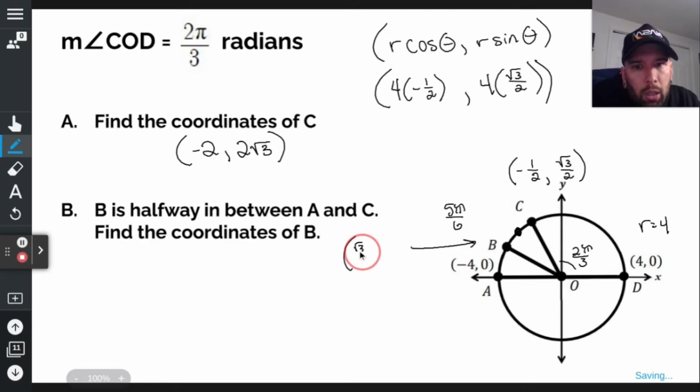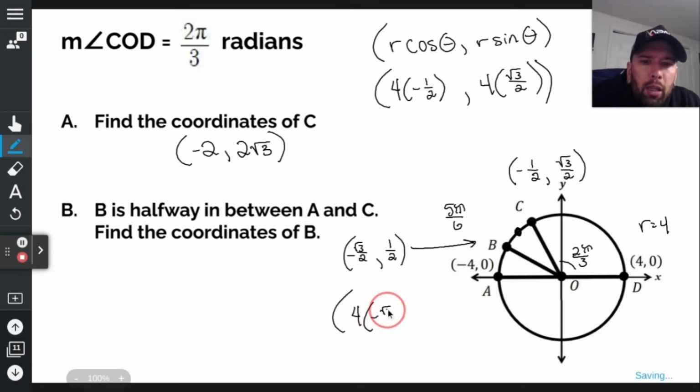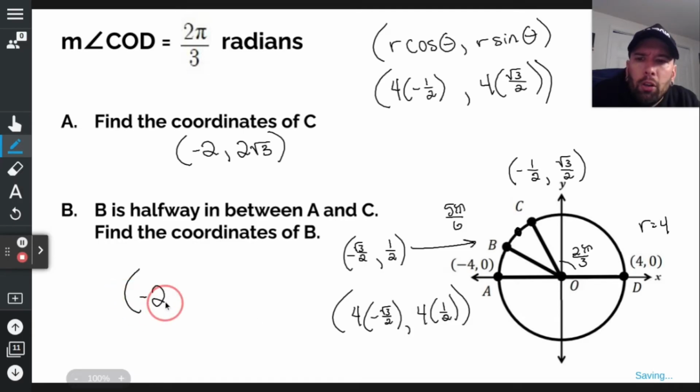So negative root 3 over 2, and then 1/2. However, I need to multiply those by 4. So it's very similar to what we see up here. 4 times negative root 3 over 2, and 4 times a half is going to give me negative 2 root 3, 2.